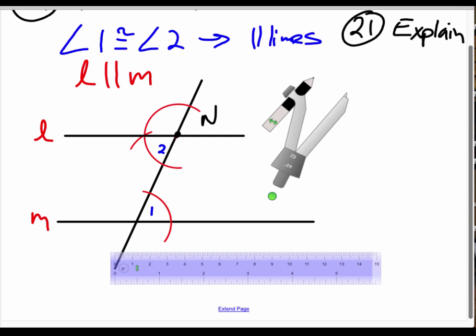We just basically constructed a line through my transversal T such that the line intersected at the point N, such that angles 1 and 2, which are alternate interior angles, were congruent, and therefore, because they're congruent, lines L and M are parallel.